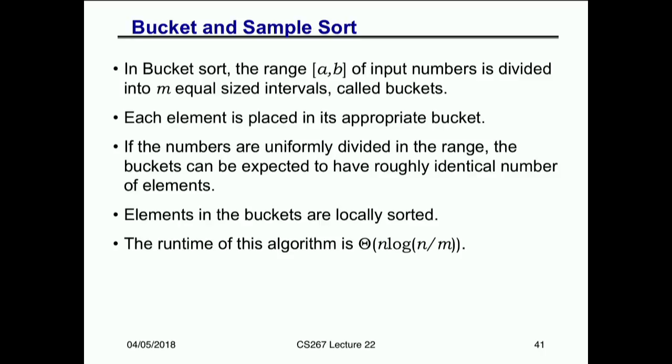The second 1 over P of this range go to the second processor. Think of this range as 1 to 1,000, and you have 1,000 processors. All the elements with key 1 go to processor 1. If they're uniformly distributed, everyone will get the same number of elements.